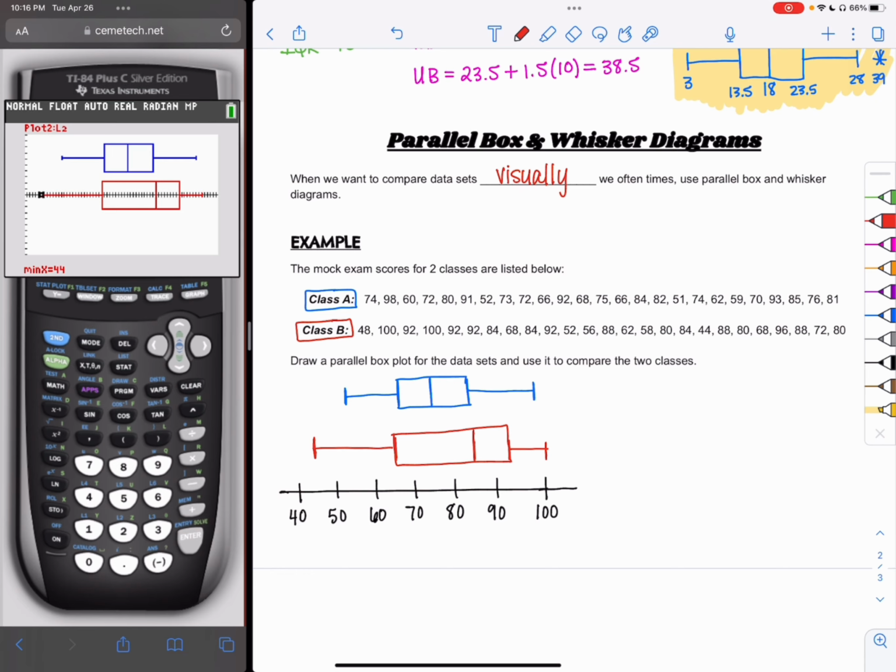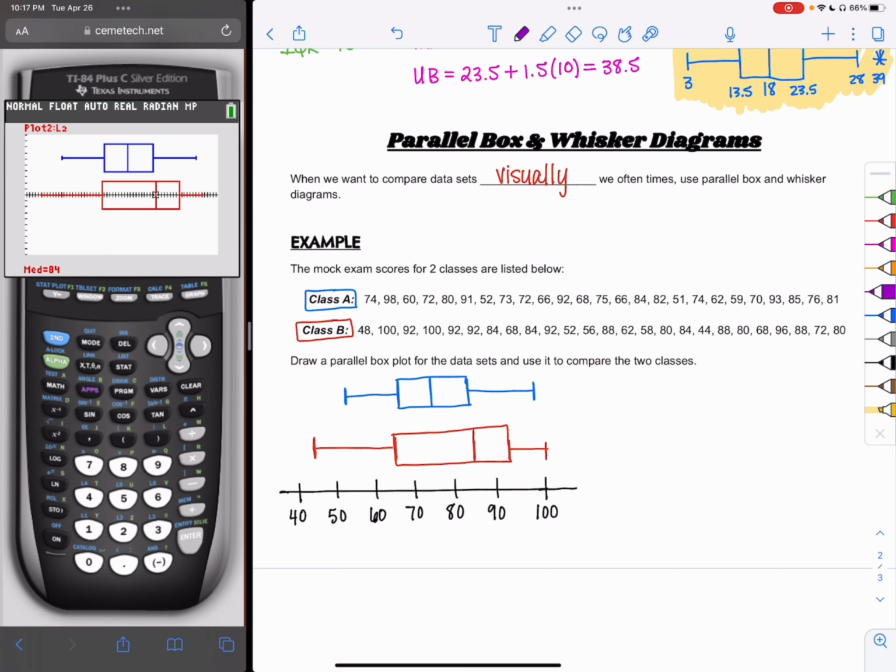When it says that we need to compare, we're going to compare the spreads, and we're also going to compare the center. The measure of center here is the median. We can say that class B was the better class based off of the median, because in class B, 50% or less of the students scored a median score, and that median score was an 84. So they were higher.